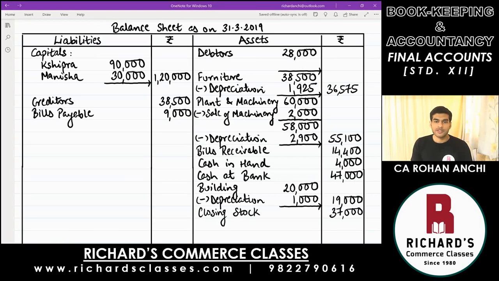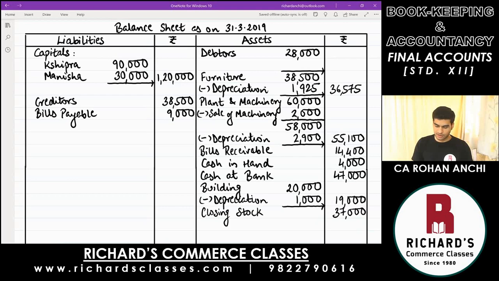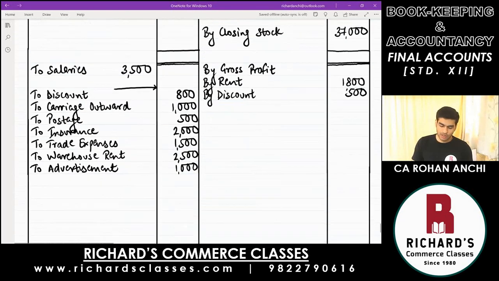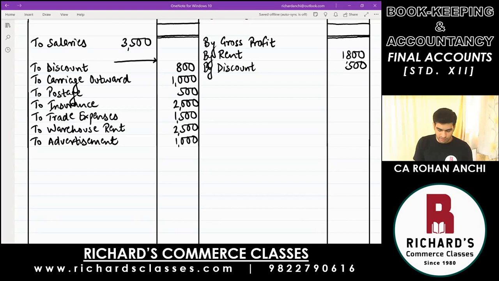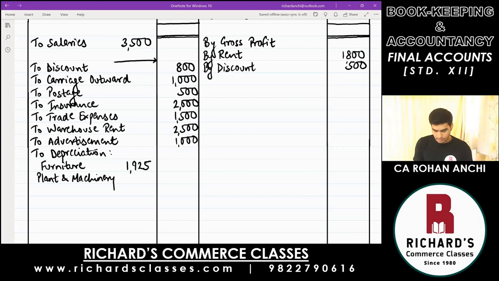Now, the second effect, because it is a loss, you record in profit and loss account on the debit side, depreciation. And we will record all of them together. So in the inner column, first we will write down depreciation. First one was furniture, that was 1,925. Then was plant and machinery, $2,900.